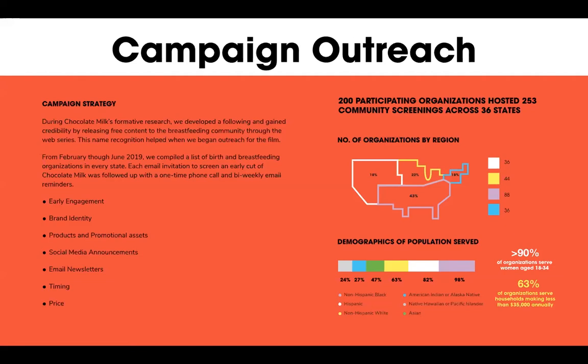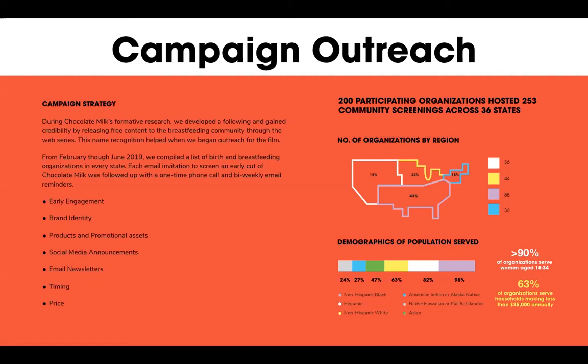The products that we included with the film were some promotional assets like flyers, photos from the film, brand assets, things that they could incorporate into their social media posts. We had social media announcements to remind organizations to sign up and also to encourage people to reach out to local organizations to see if they are hosting an event, and if not, encourage them to do so, and if they were, to RSVP. We also did direct marketing using email newsletters.